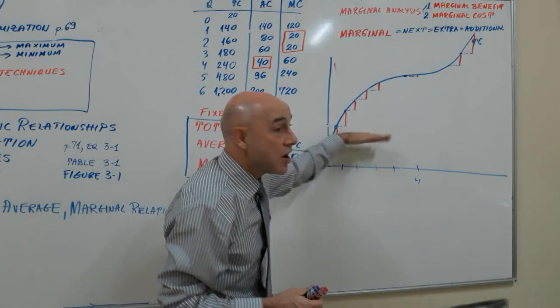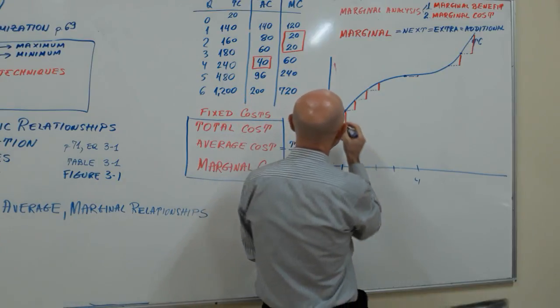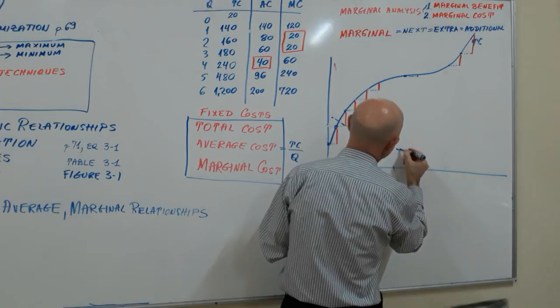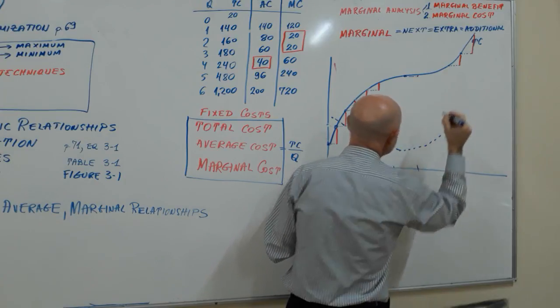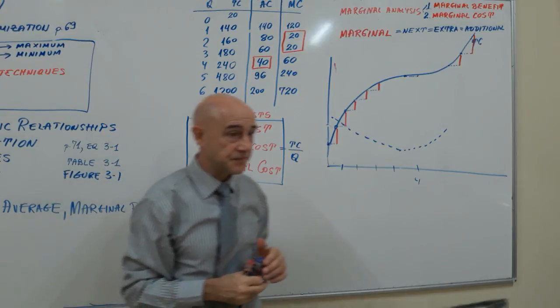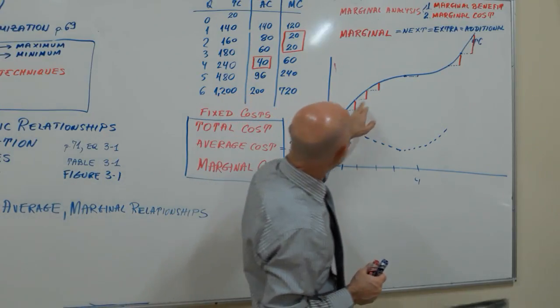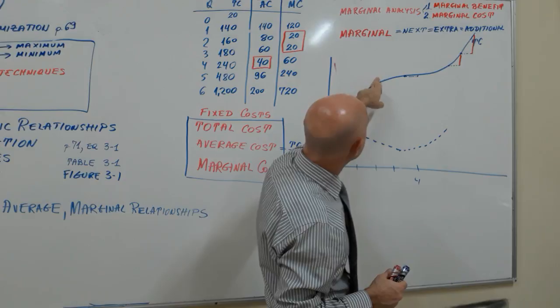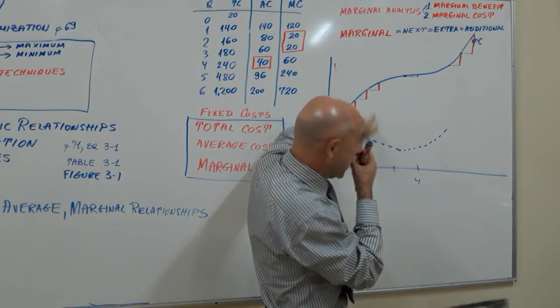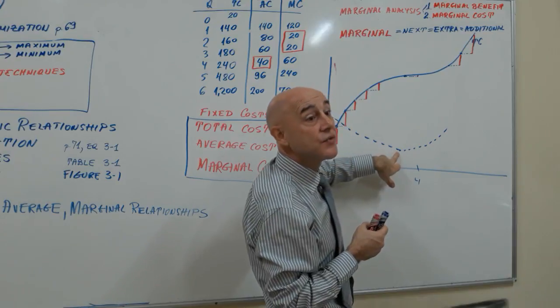So if I draw the average cost, it will be falling here, and then the average cost will start rising.